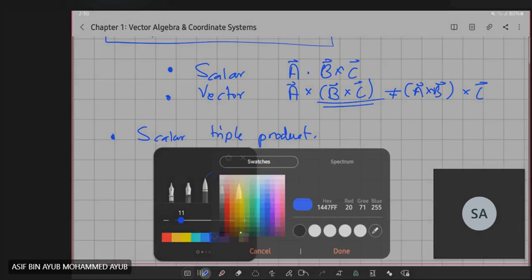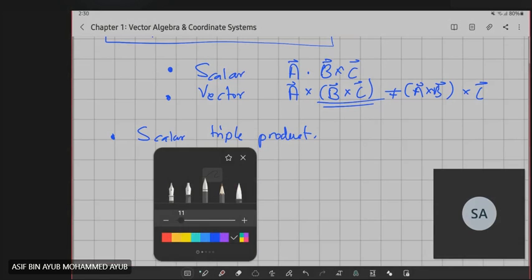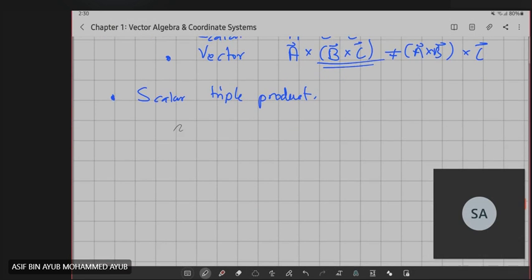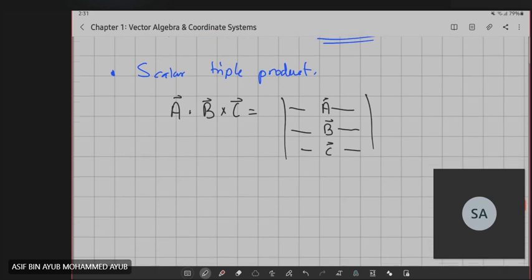And you may or may not be surprised to see the determinant here again. So basically, if you have A dot B cross C, the way you compute it is by having the components of A in the determinant in the first row, components of B in the second row, and the components of C in the third row. This is actually computed by the determinant.